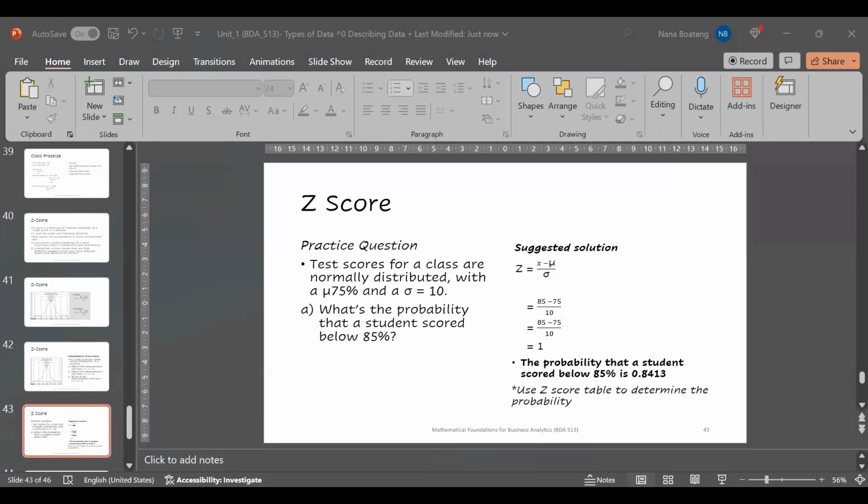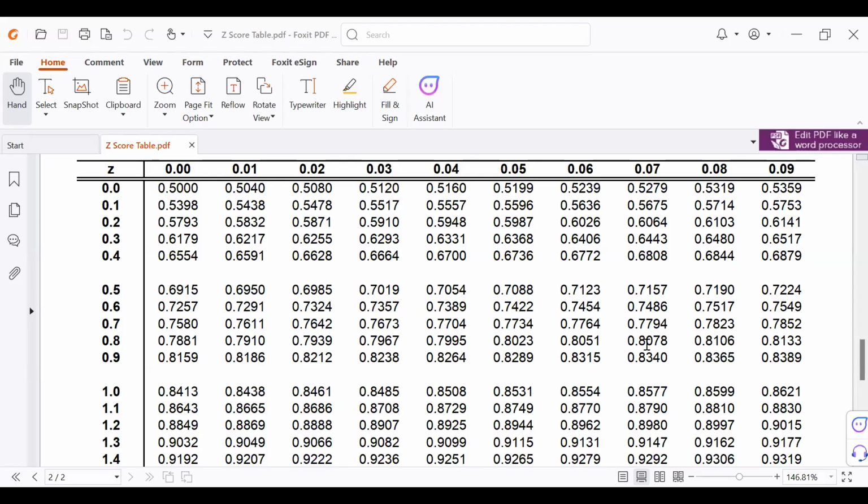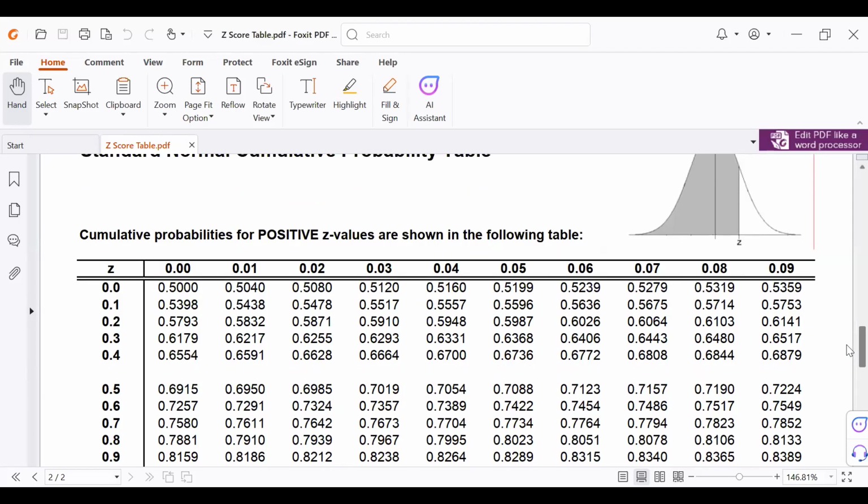So we need to go to the z-score table and then determine it from here. When we calculated it, we got positive 1.